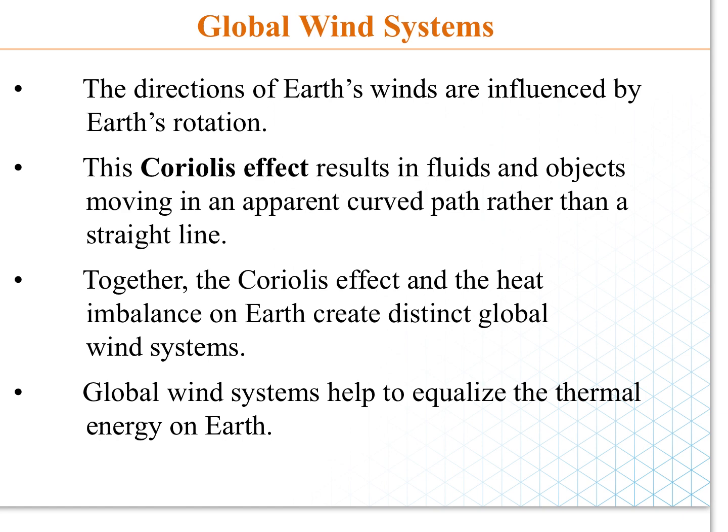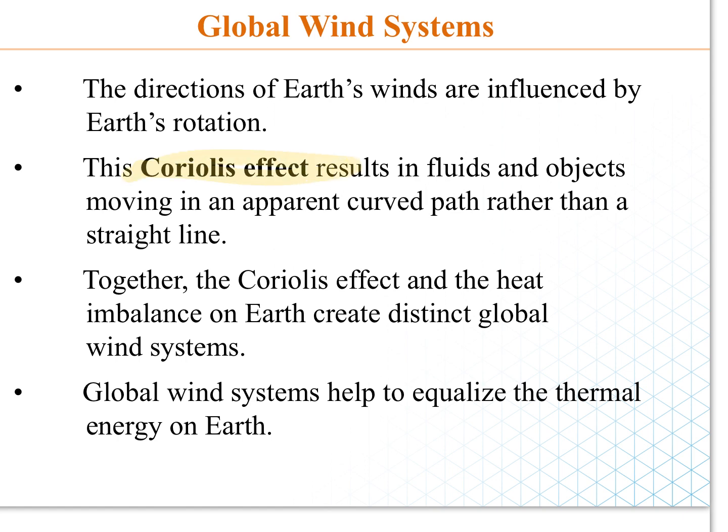So, we just looked at the quick sketch on planetary winds, and this relates back to Earth's winds. So here it says the direction of Earth's winds are influenced by Earth's rotation. Now, if you think Earth rotating counterclockwise, then we're going from west to east, and that rotation then, if an object is trying to move vertically on the Earth's surface, it's going to get deflected, or its apparent path is going to get curved because of this Coriolis effect.